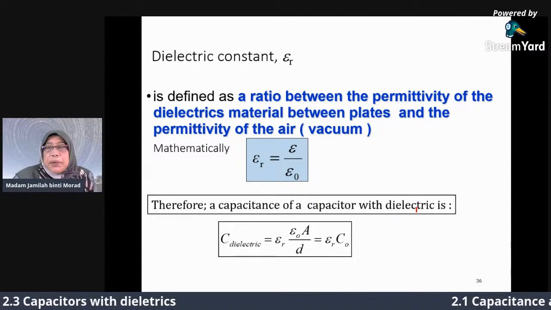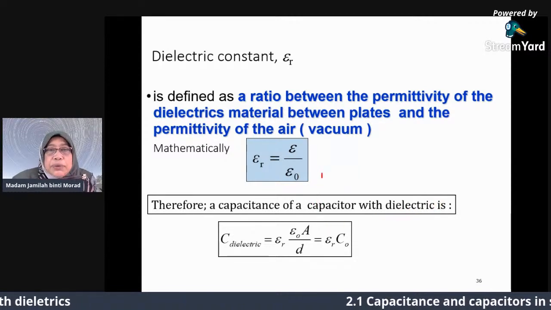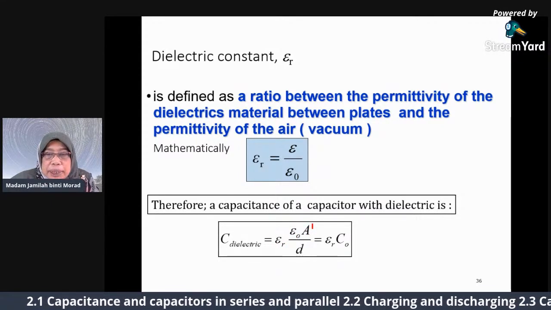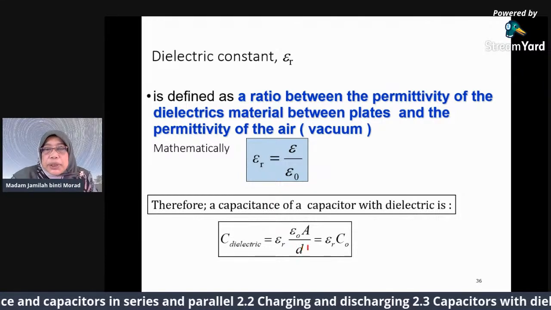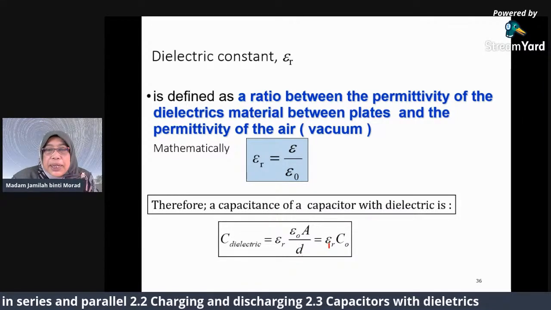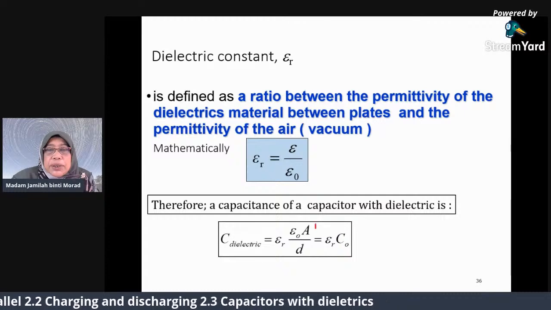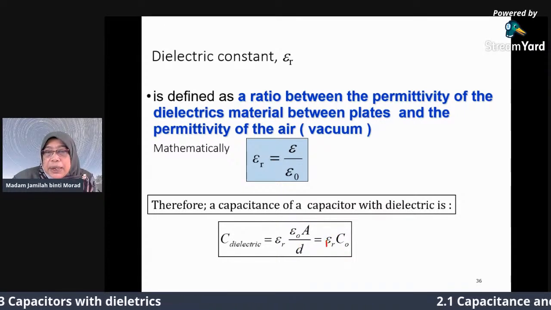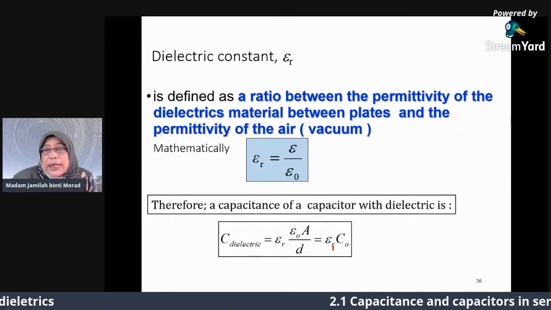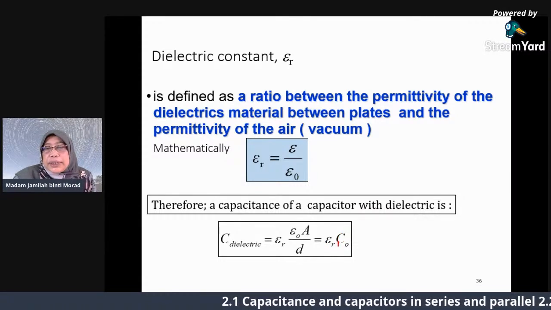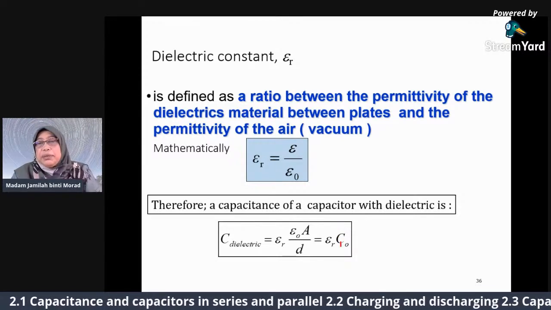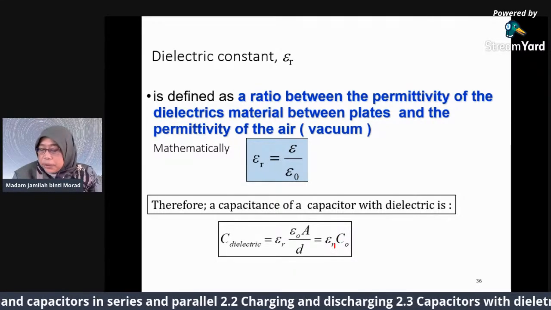So for the capacitance of a capacitor with dielectric, we substitute epsilon with epsilon r times epsilon naught, times the geometrical factor, the area and the distance between the two plates. And then you get epsilon r times C naught, where C naught is epsilon naught A over D from just now. So simplified, the equation becomes C equals epsilon r times C naught. C naught is the capacitor in vacuum, where the gap is filled with air or vacuum.